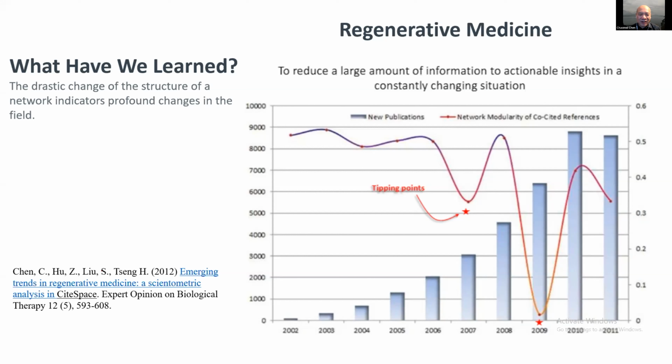So we intentionally choose such domains to test how far we can go. Without knowing almost nothing about regenerative medicine, we can identify some key moment or time when the network structure is undergoing some significant change. We don't know what change that is. We just know there's some change. So that is an important first step.